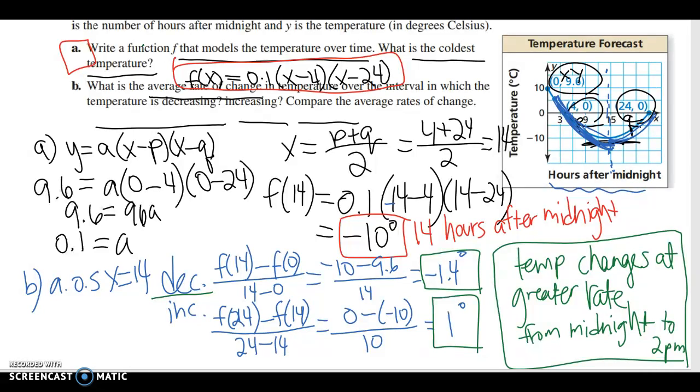And then for increasing, we increase 1 degree every hour after midnight. And then we can say, to compare the two, that the temperature changes at a greater rate from midnight to 2 p.m., which is 14 hours later, than from 2 p.m. to the end here. Okay.